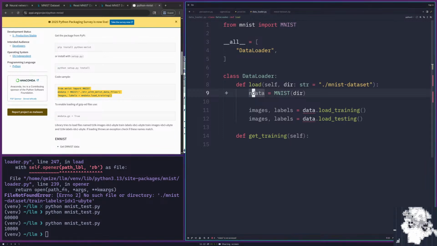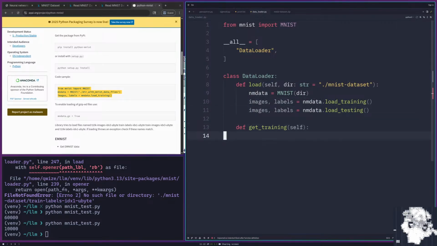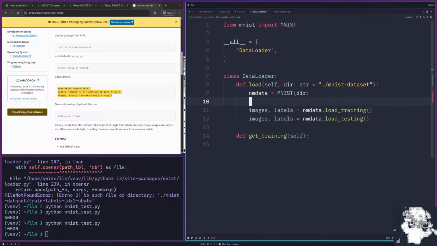NM data, and NM data equals this. Okay, this is going to start to make sense in a second. I'm just going to say all data equals this. I don't know what the format of these things are. We should test that actually. Let's test that right now.